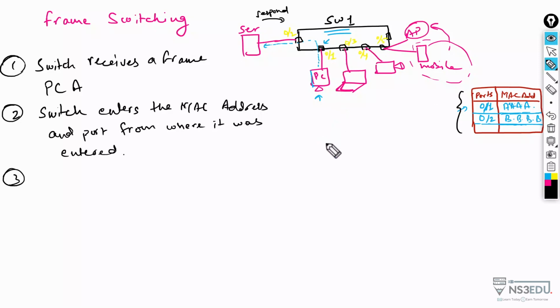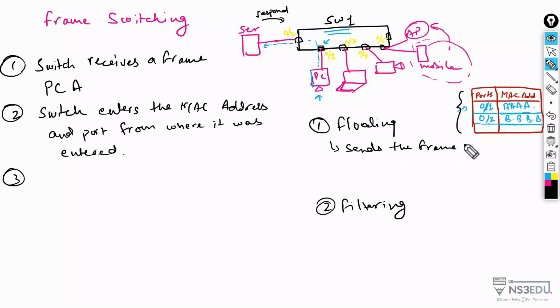So there are two main terms here. The first is flooding, the second thing is filtering. Flooding happens when you send the frame to everyone, or to all active ports. All those ports that are active, that are connected to some end devices, will receive the frame.